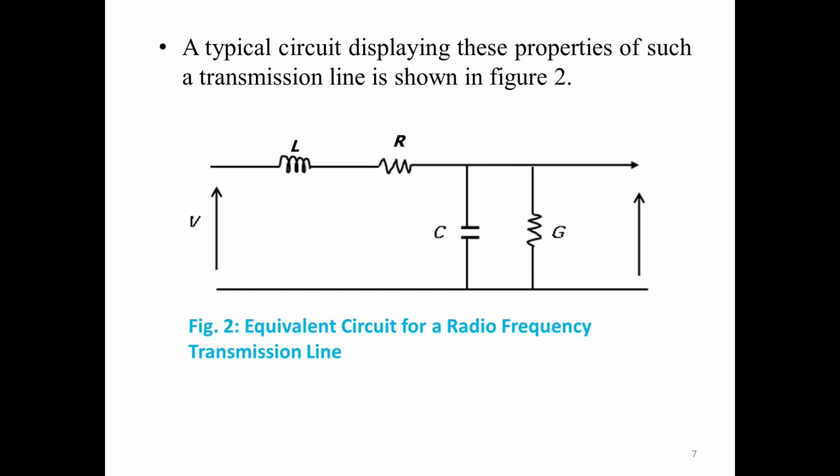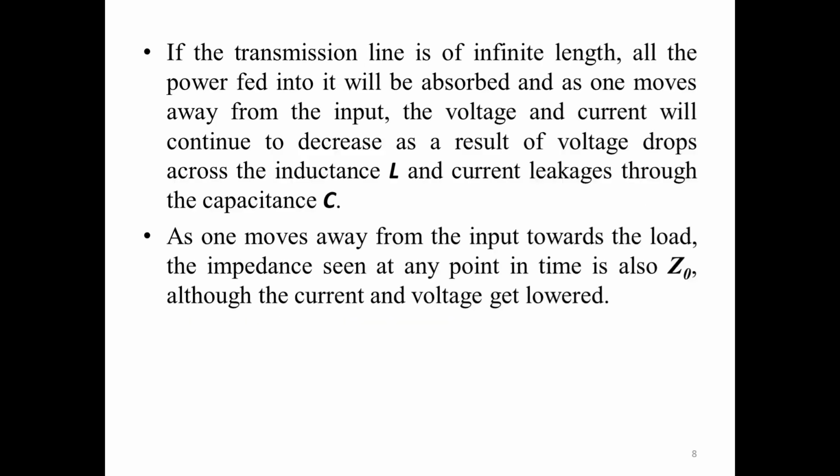A typical circuit displaying the above properties of such a transmission line is shown in Fig 2, where a unit length is considered to have an inductor, resistor, capacitance, and conductance.